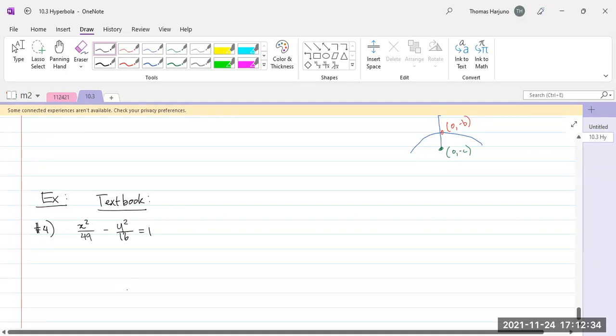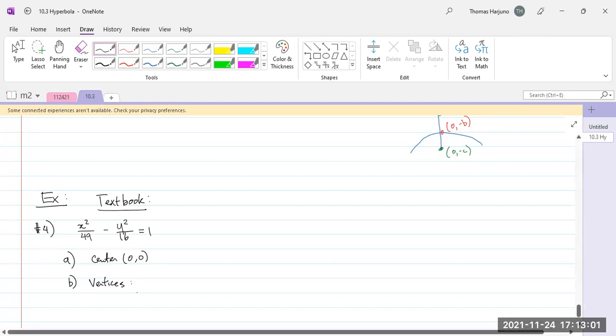The first one, what's the center? We usually don't ask that question though. The center is the origin. The vertices: 49 is the a squared, the one under x squared, right?